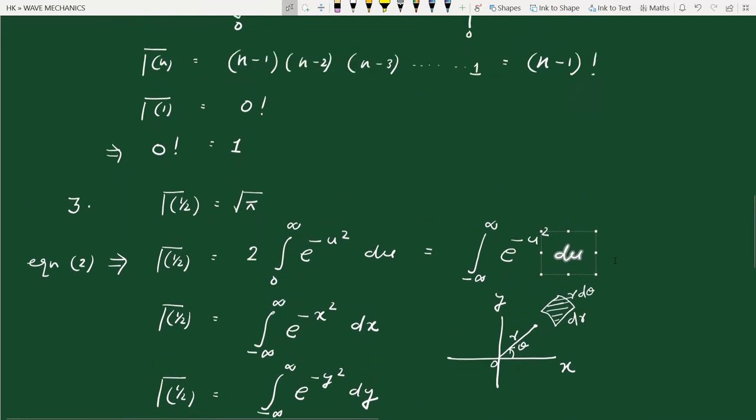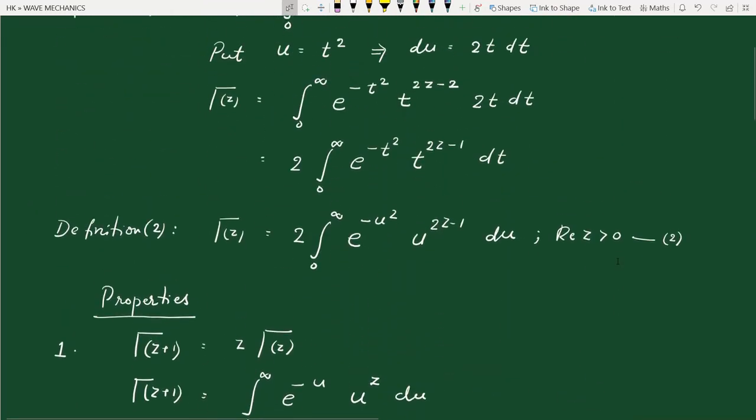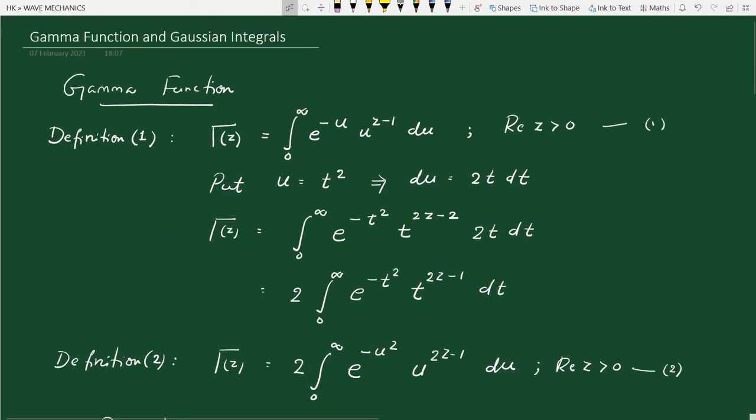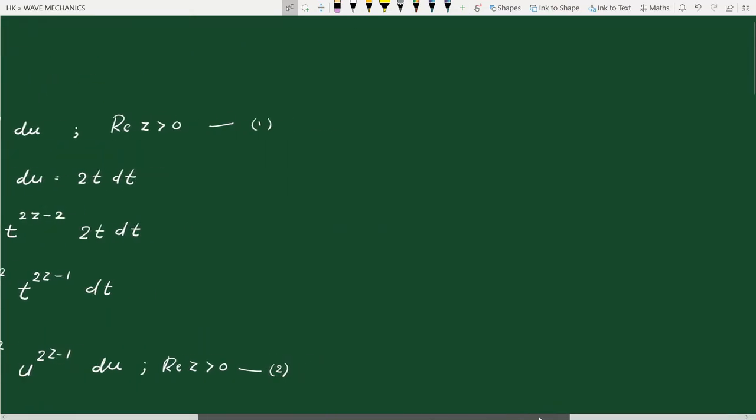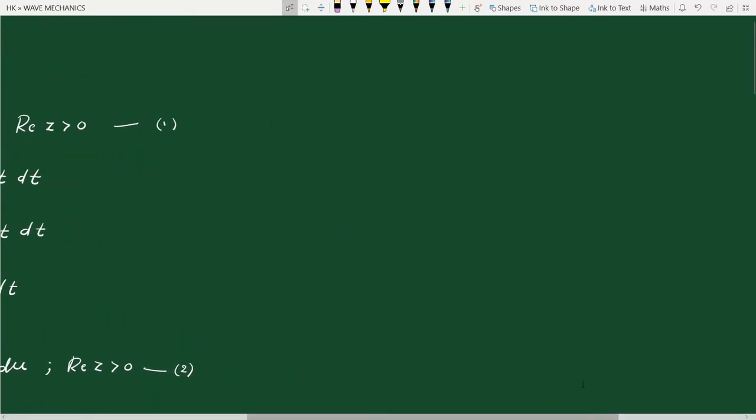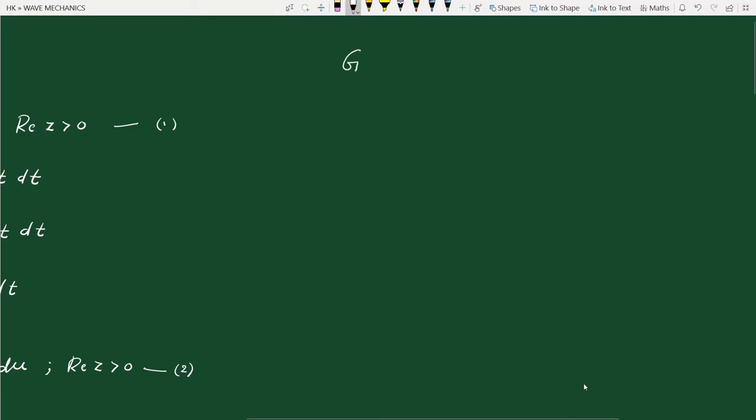Now let us change over to evaluation of some Gaussian integrals. So what are the Gaussian integrals that are useful to us in the discussion of a harmonic oscillator? I will consider only a few of them.